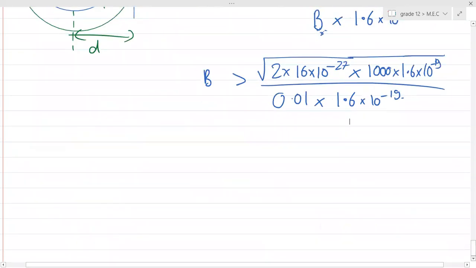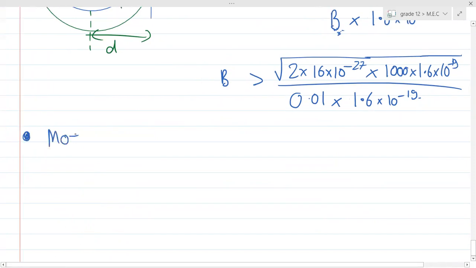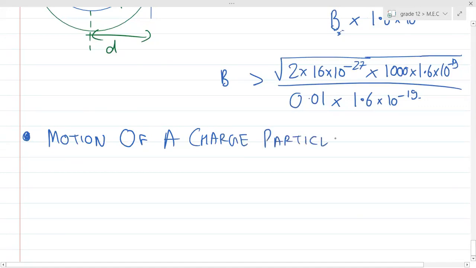Now write down the heading: Motion of a charged particle thrown at a certain angle.